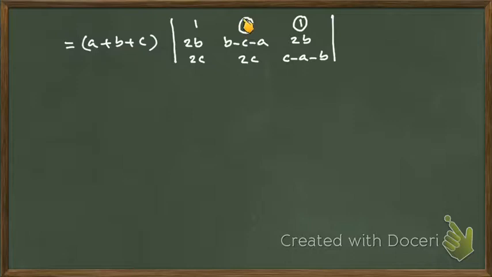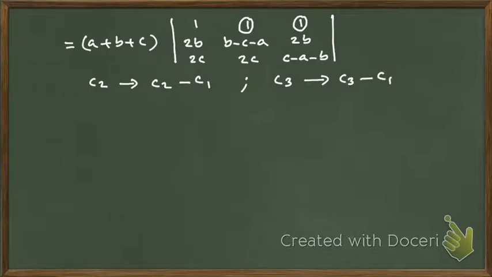So if I want 0 here, 1 minus 1 will make it 0. So I'm going to say my operation is going to be C2 changes to C2 minus C1. And I want 0 here, so that is C3 changes to C3 minus C1. So the operation is going to be C2 changes to C2 minus C1 and C3 changes to C3 minus C1.